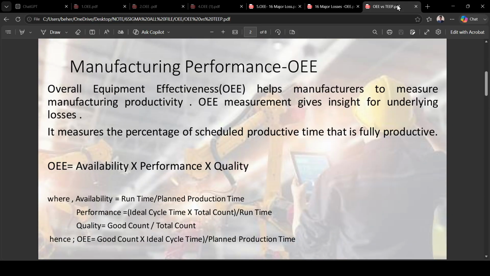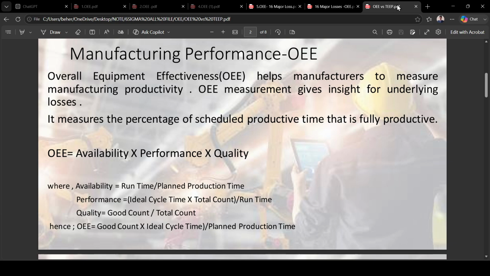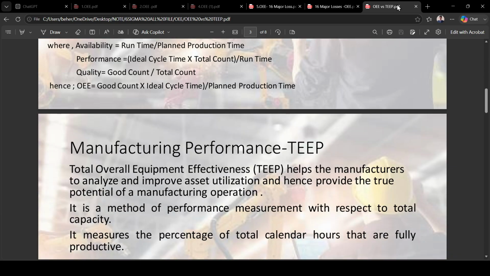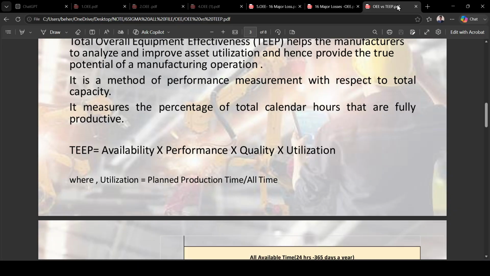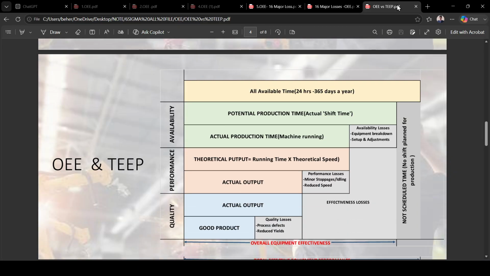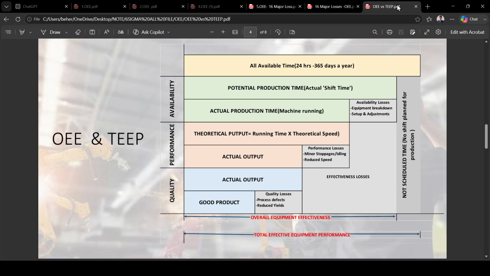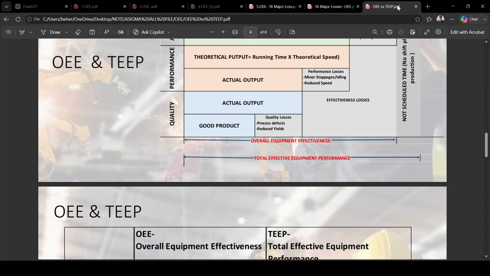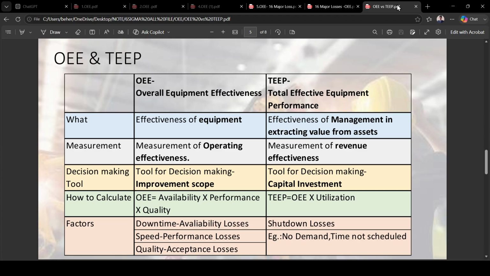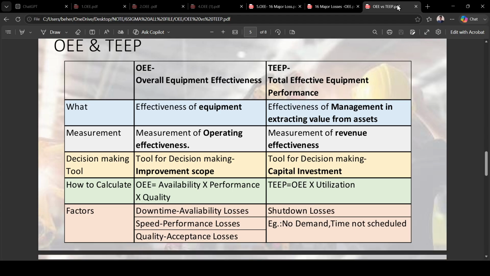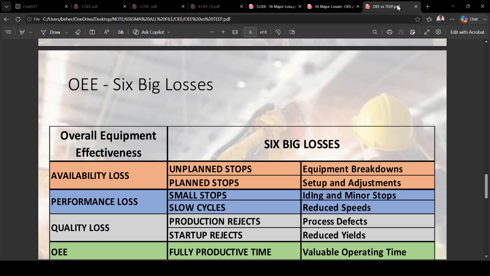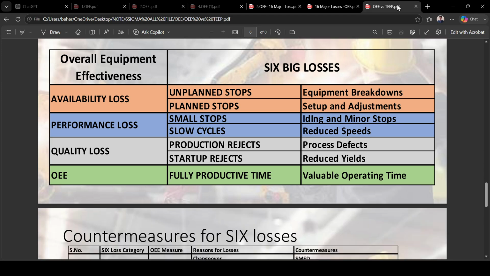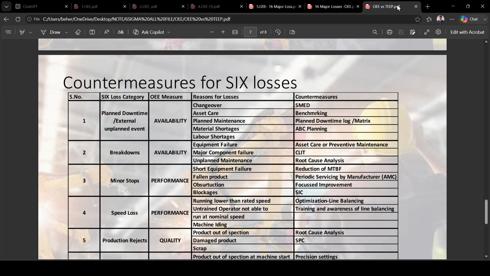This is the way you can read and understand about that. And this is the TEEP. So you can read and understand the topic. And this is the OEE and TEEP. See that image, you can clearly understand everything. This is the OEE and six big losses. This is the countermeasure of the six big losses.